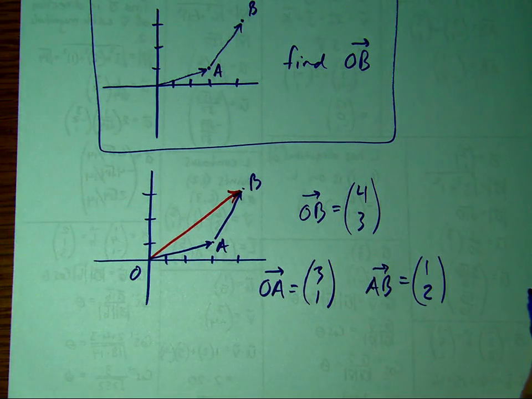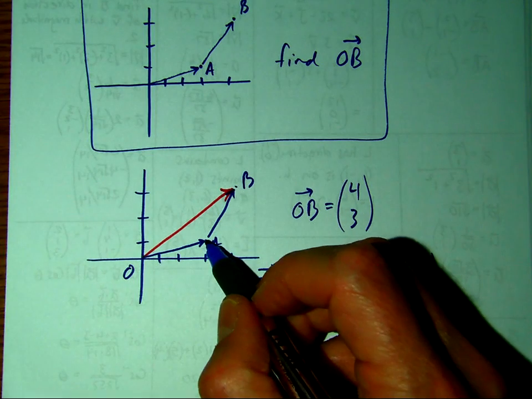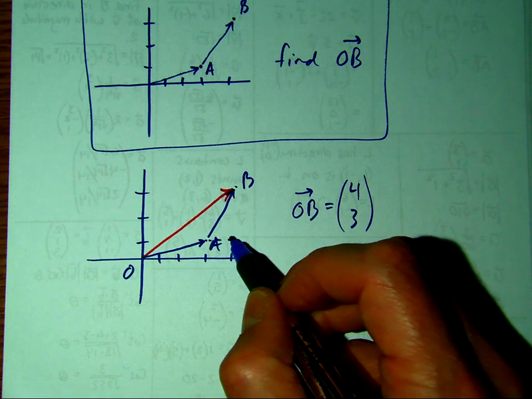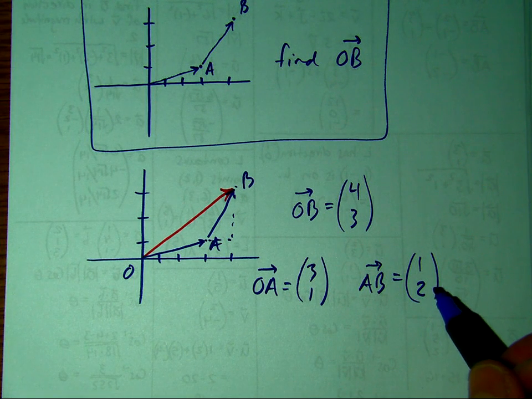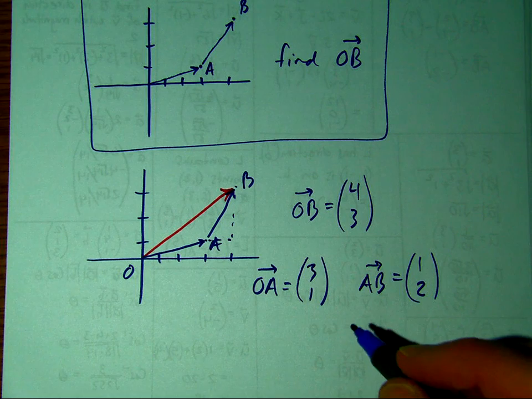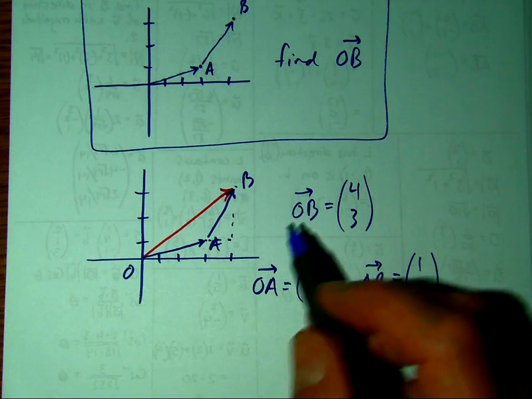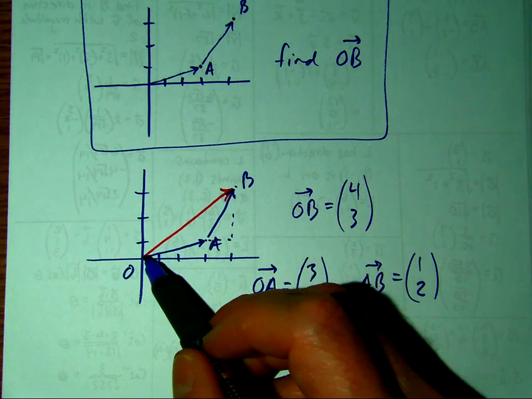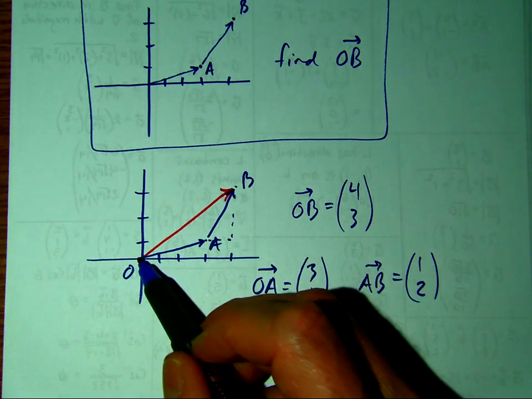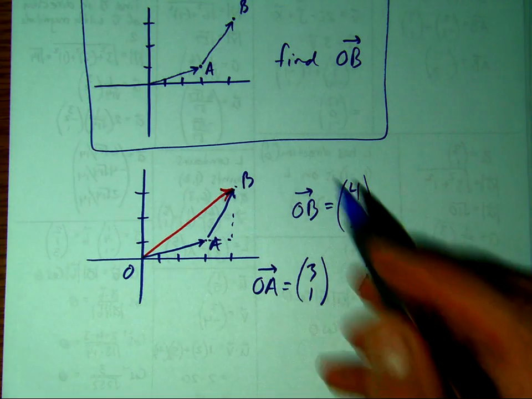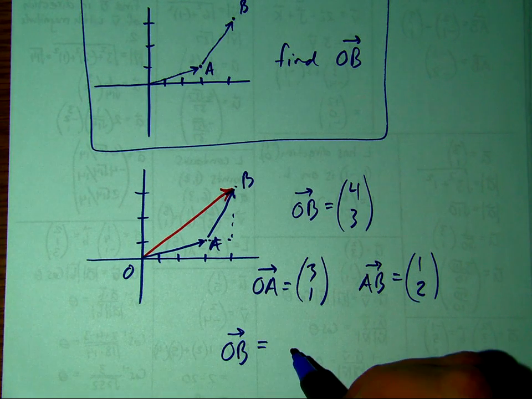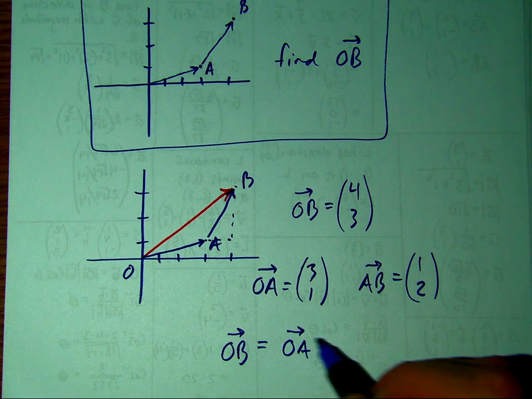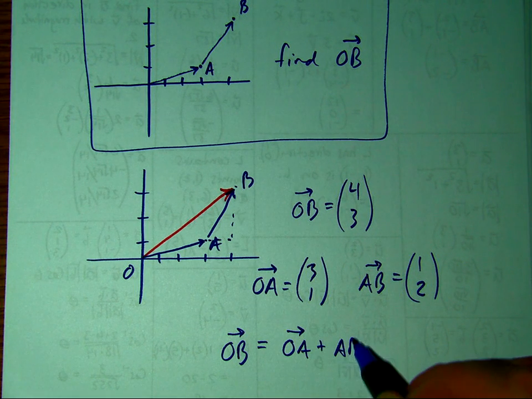And that's because to start at A and end at B, we have to go over 1 and up 2. So that's the vector AB. Then, to get from O to B, we can either go straight or we can go OA plus AB. So we can say that from O to B is the same as going from O to A plus A to B.